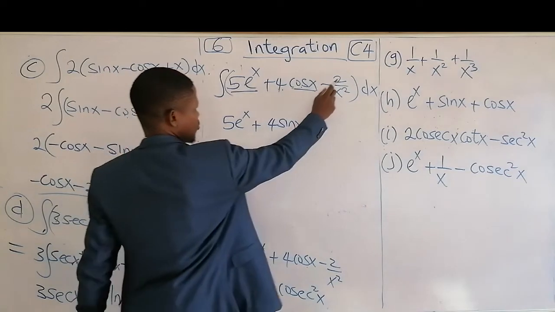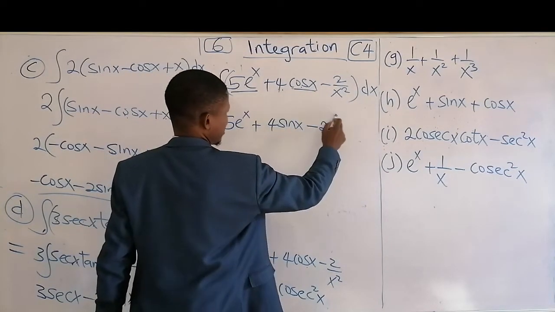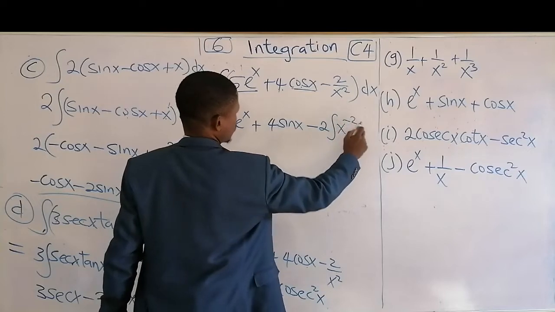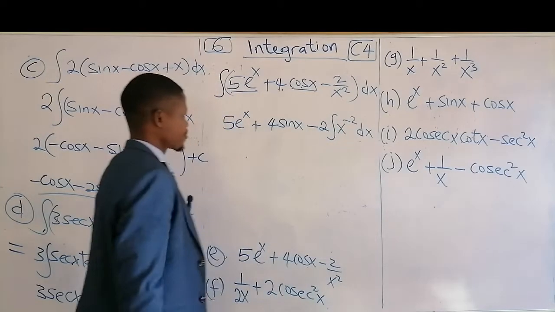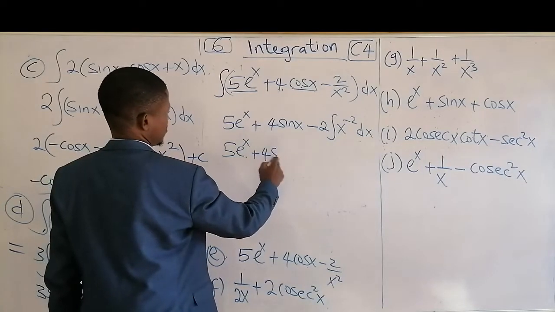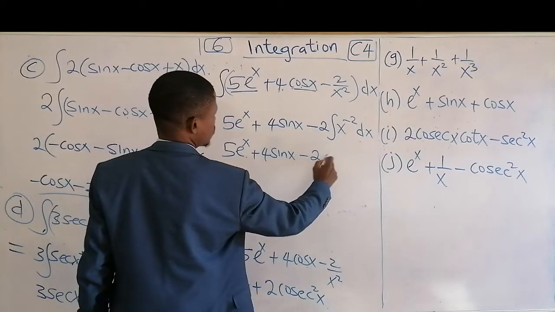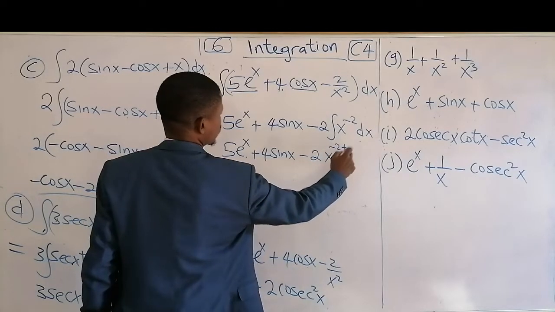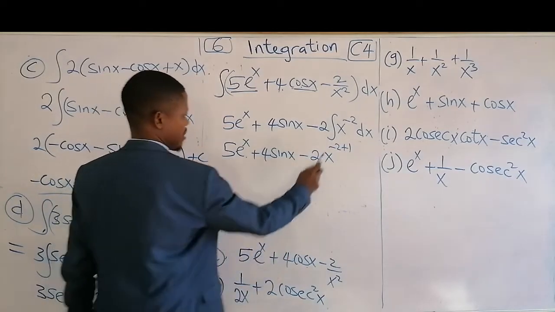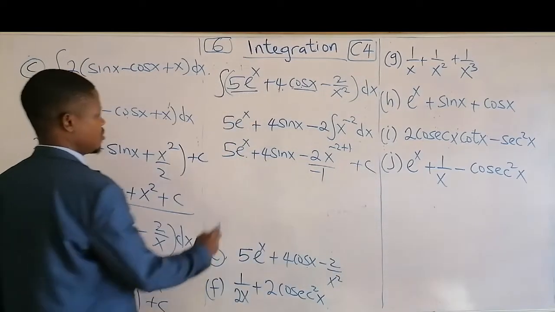And then this one will be minus, you can take your 2 outside, and that will be x to the power minus 2 dx. And that will be this plus this. And then if you integrate this, that will be x to the power minus 2 plus 1, that's minus 1, then plus c. And that will be equal to what?